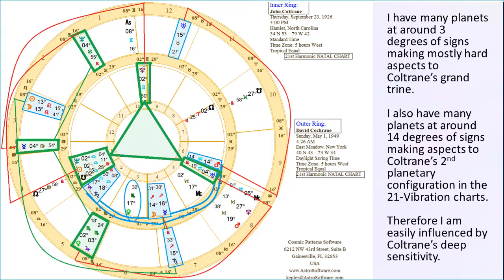This is an inner quiet connectedness. And Coltrane was quiet. He was humble. He was not very talkative. He was a deep, sensitive mystic. It's the Pythagorean part of him that's very strong. And that does connect very strongly with me.